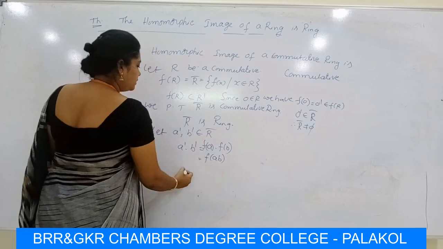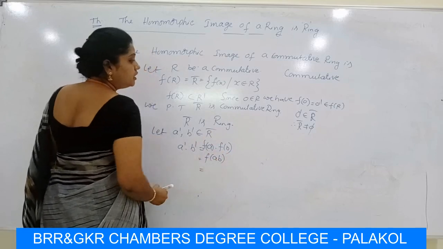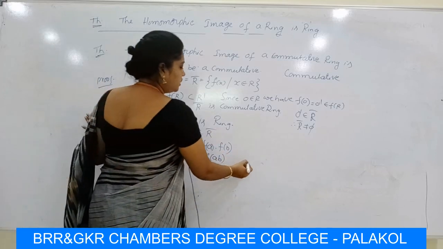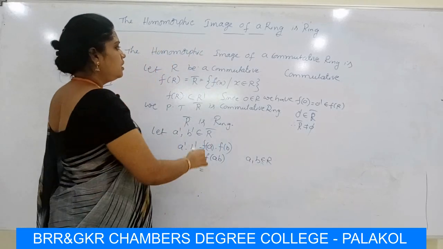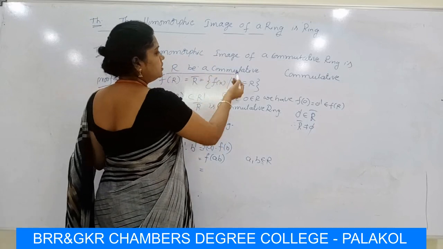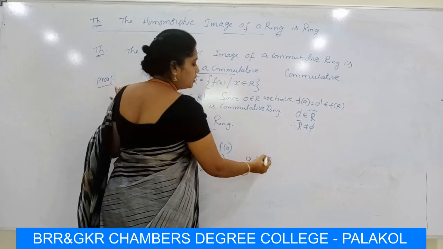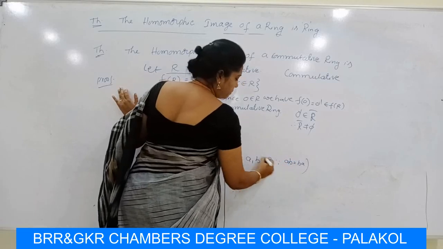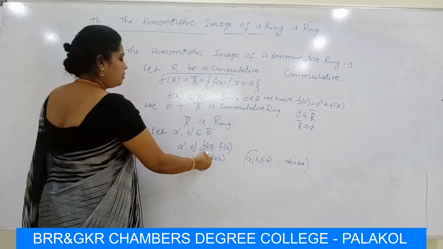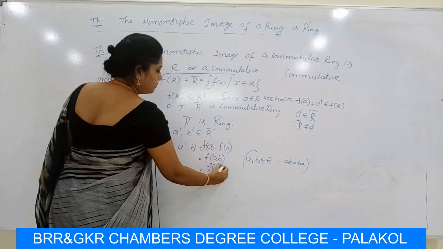Here A, B are elements of R, and R is a commutative ring. So in this ring AB is equal to BA. So AB can be written as BA.